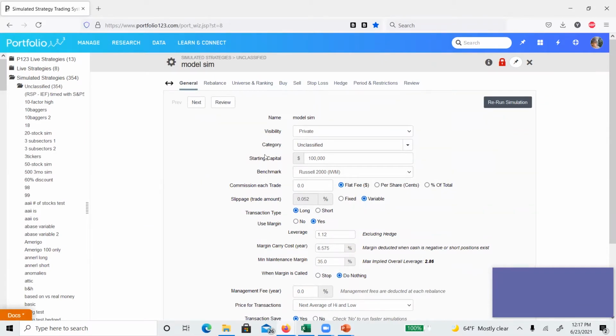Now, the starting capital, you may think it doesn't really matter because all you're looking for really is your percentage returns and your alpha and your Sharpe ratio and all that stuff. And it's going to be the same no matter what starting capital you have, right? But that's actually not true. If you start with too little money and you have a lot of positions, then some of the high-priced stocks are going to be unable to be bought, or you're going to have weird amounts, because we don't do fractional shares here.